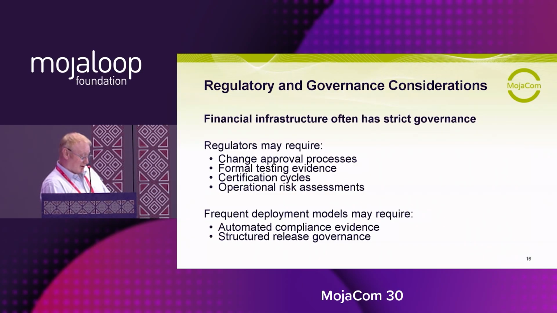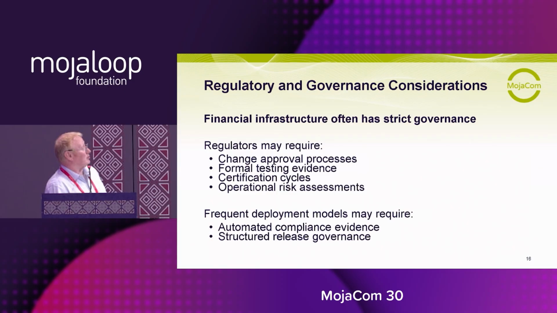Governance, as I've also already talked about slightly, change approval process. Regulators help you manage your risk typically. And sometimes they help manage risk in a broader context of a national economy, for example. So they might have strong opinions about the risk profile that you adopt in your software upgrade cycle.